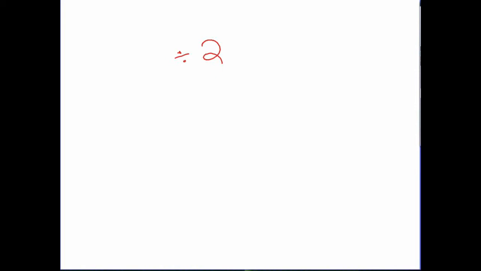So if I take a number and divide by 2, how many dots are going to be in each circle? 2. So for every 2 dots, you circle them.